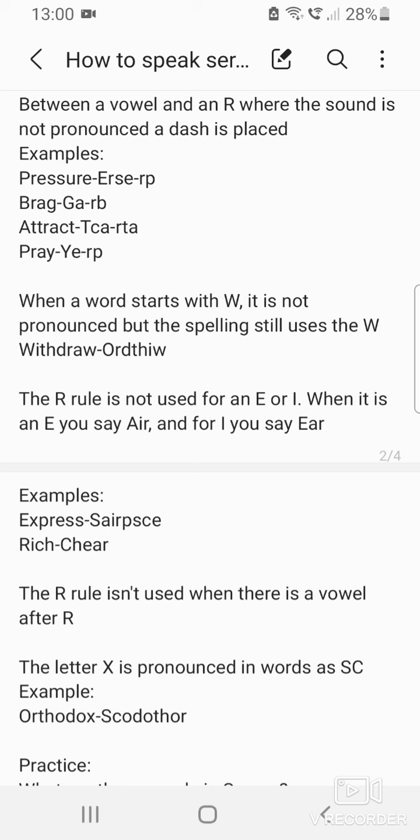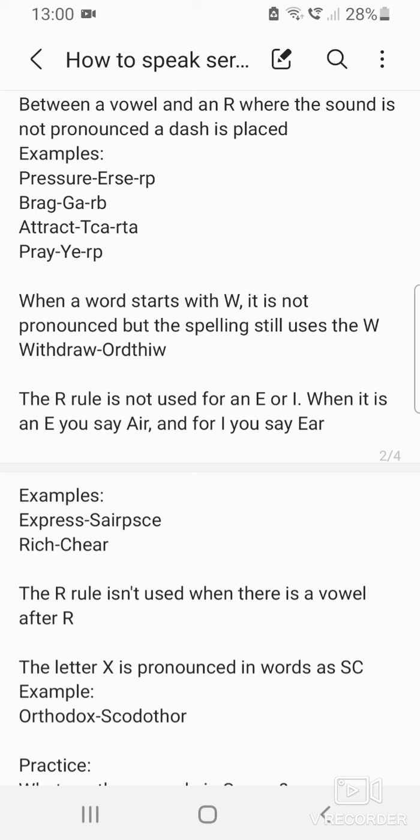So, pressure is usurp. You do pronounce it because you could say erp, but it doesn't sound the best. So you need to put a dash between them to indicate that.